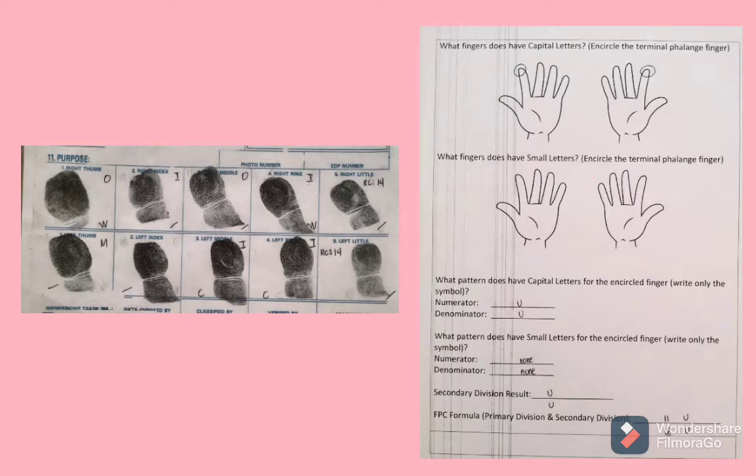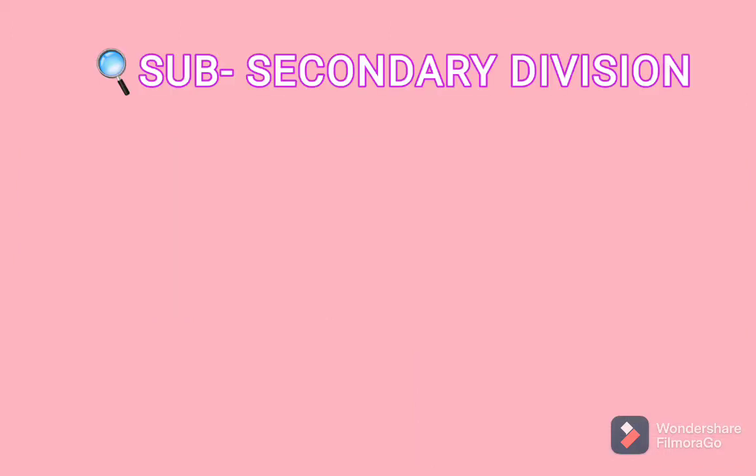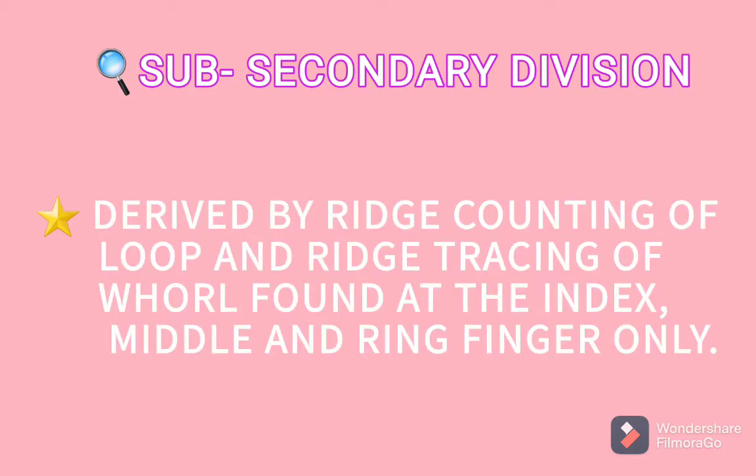For the fingerprint classification formula, we have the primary division and secondary division already, so that would be 11 over 18 alongside with the U over U. For the fifth step, the subsecondary division. Subsecondary division is derived by ridge counting of loops and ridge tracing of whorls, found at the index, middle, and ring fingers only.